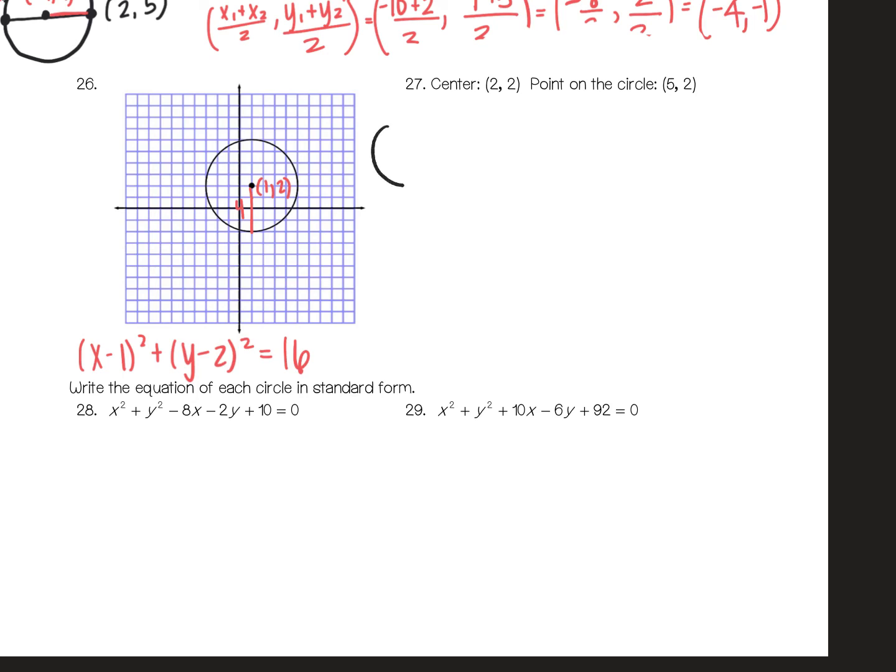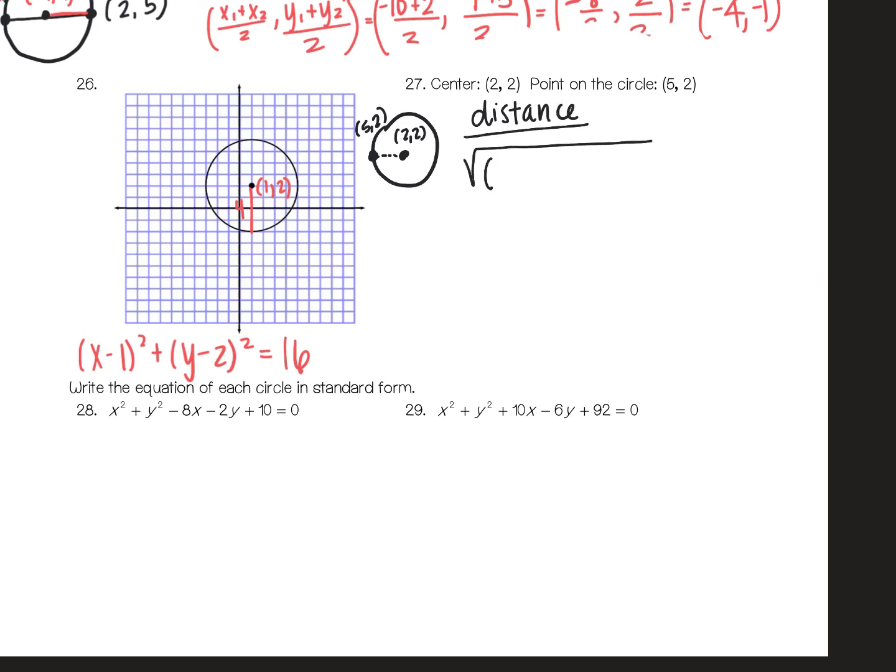This one is like number 25, but less lengthy. This time they do give you the center, which is 2, 2. And then they give you a point on the circle, which is 5, 2. So you really are just missing the radius, which we get by doing distance. Again, you can use Desmos.